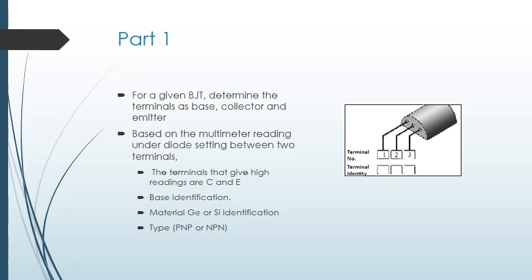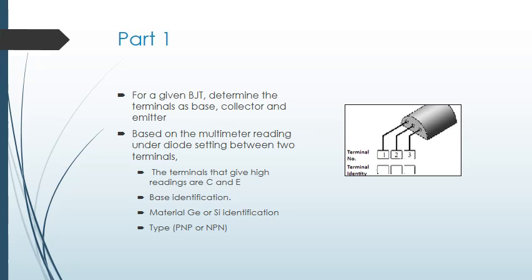In part 1, we are given a BJT which is inside a packaging, so it's not straightforward to determine the terminals as base, emitter, and collector based on their position or their arrangements outside the packaging. So we need to determine the terminals as base, collector, and emitter based on a multimeter reading. You can use a diode setting between the two terminals.